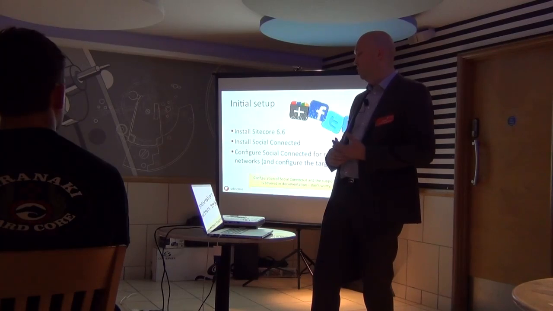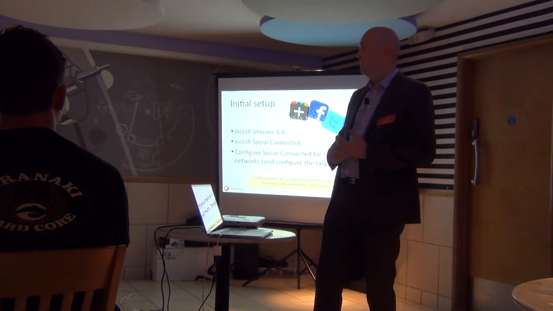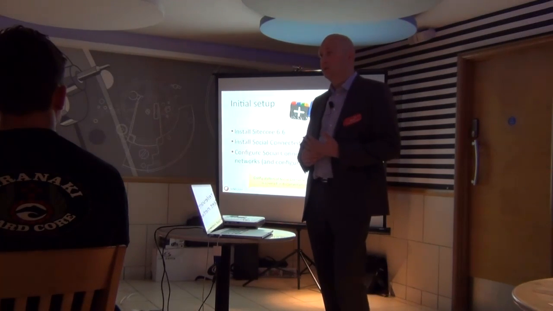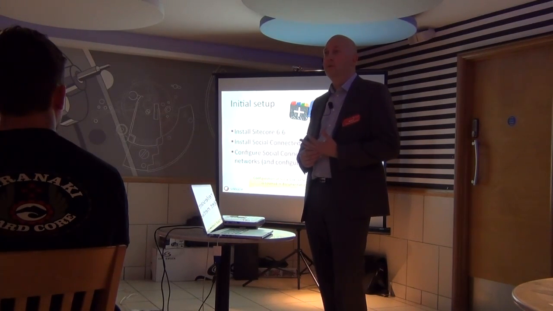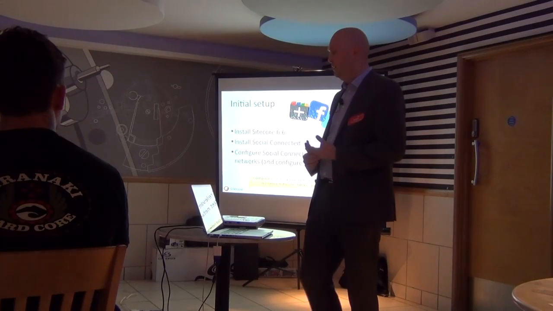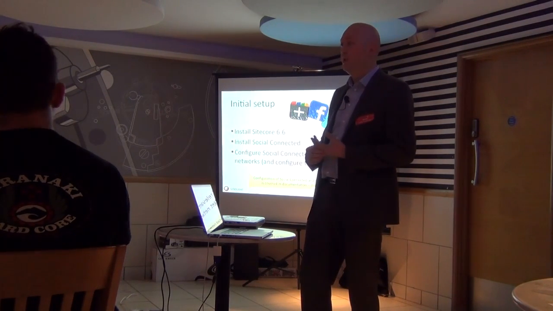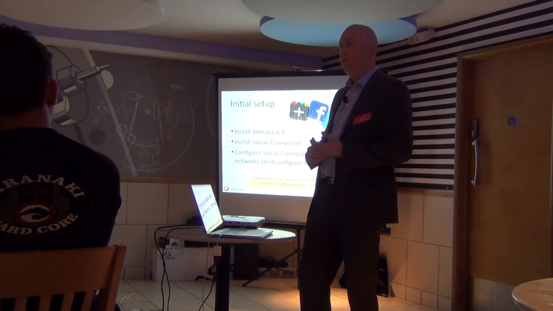Or you could do LinkedIn or Google+. Those are the four that come out of the box with Social Connected. There's also an example of the Hive network connector. I didn't check that out, but I'm assuming that worked just fine. And you can add your own connectors on Social Connected if you need that.